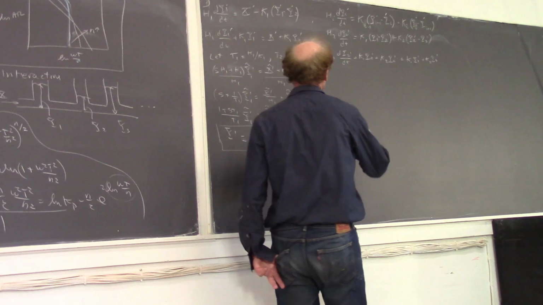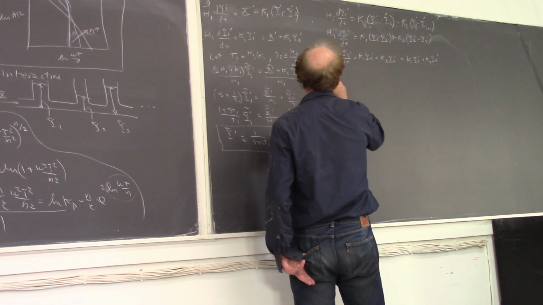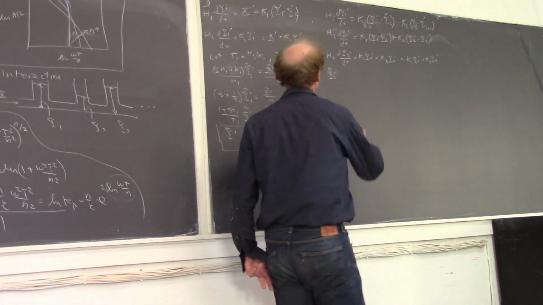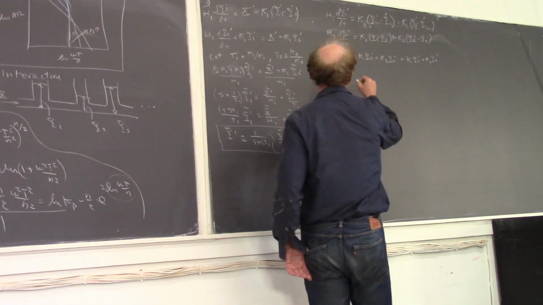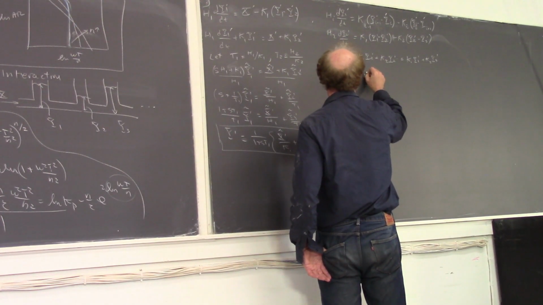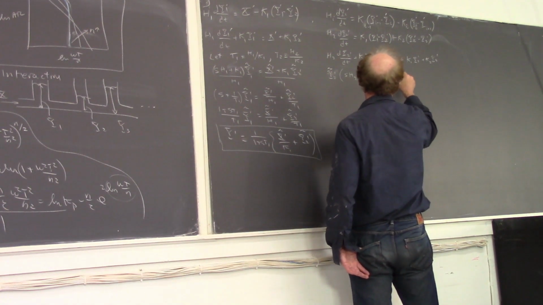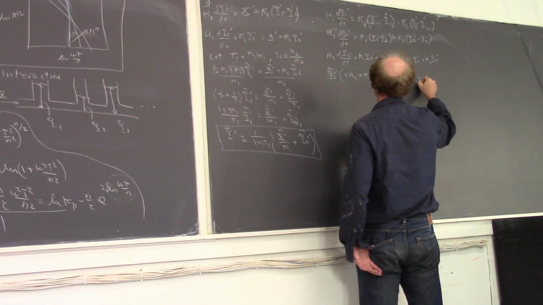And now I'm going to Laplace transform. So I've got s, so I'm going to have a y2 prime tilde, and now I'm going to have (s H2 plus K1 plus K2) is equal to K1 Y1 prime tilde plus K2 Y3 prime tilde.